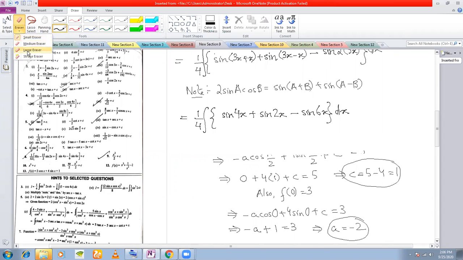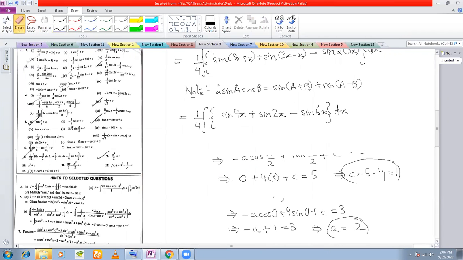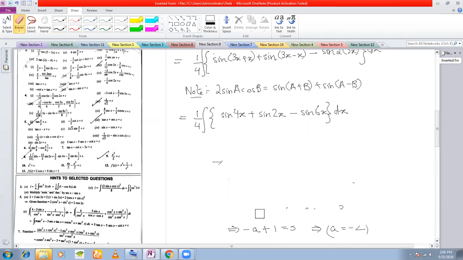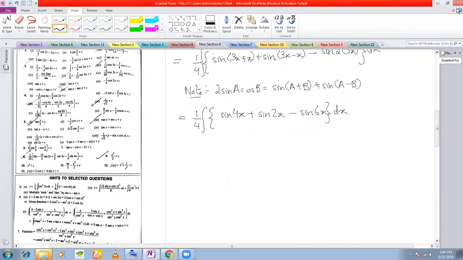So next step, I can separate and now integrate. So this will become 1/4 integration of sine 4x dx plus integration of sine 2x dx minus integration of sine 6x dx.